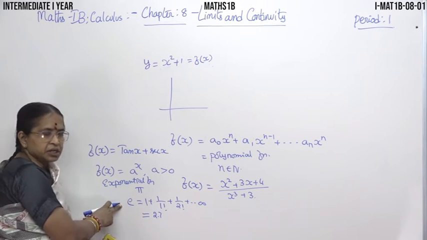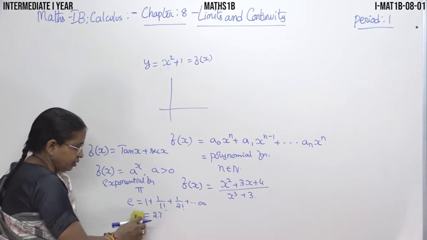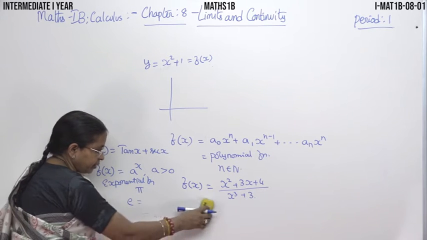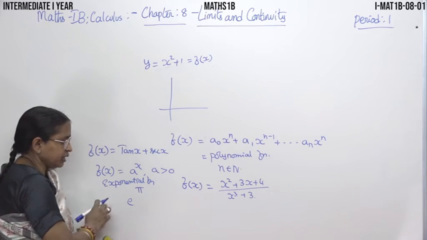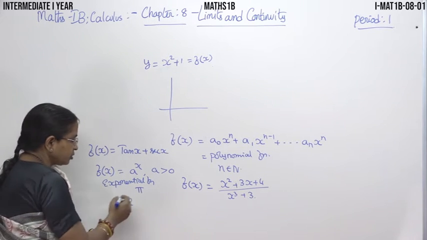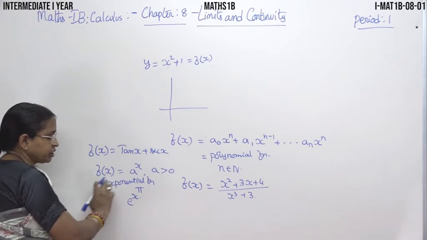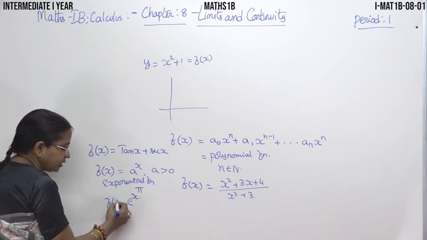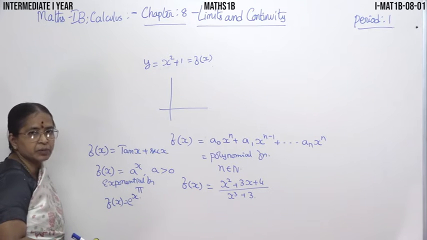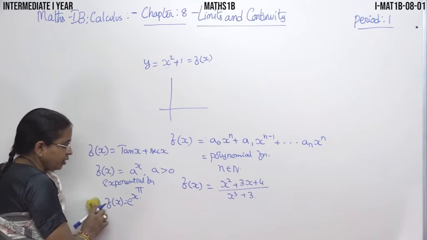So this is an irrational number. We generally denote this series by e power 1 or e. So e is an irrational number. So e to the power x is another exponential function that we come across in this chapter. E power x is an exponential function.